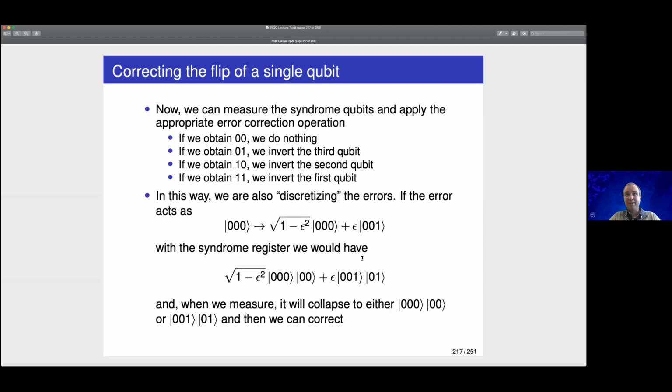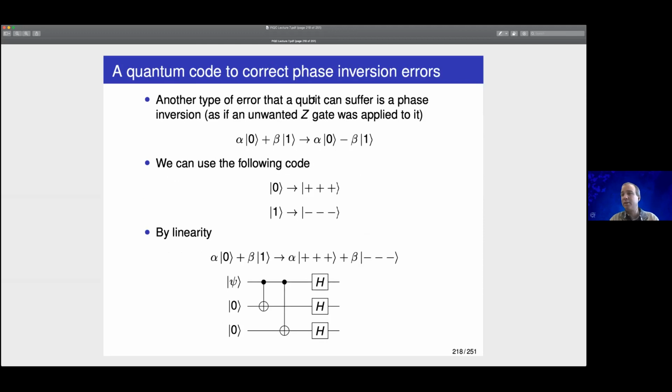So, well, this works for the flip of a single qubit. So if we have an error of this kind that changes a 0 into a 1, but of course, this is not the only kind of error that can happen in the quantum setting. In the classical setting, since we only have the values 0 and 1, the only kind of error that we need to take care of is the change from 0 to 1 or from 1 to 0.